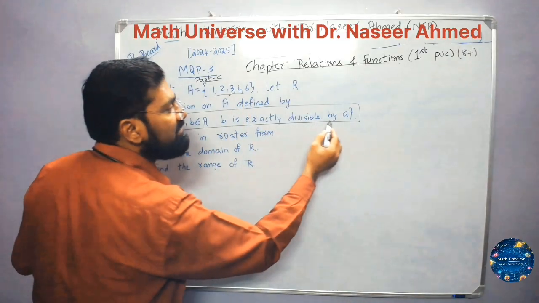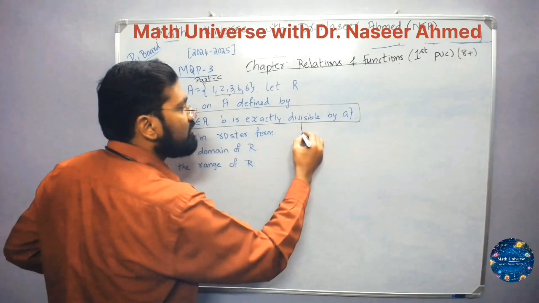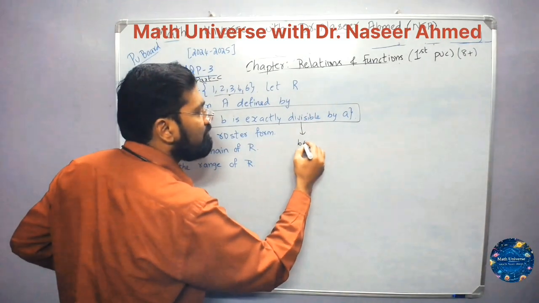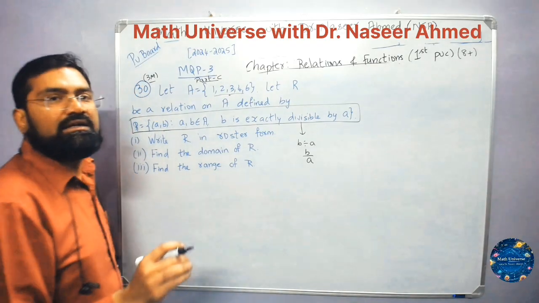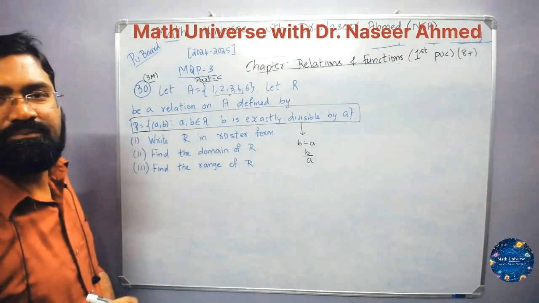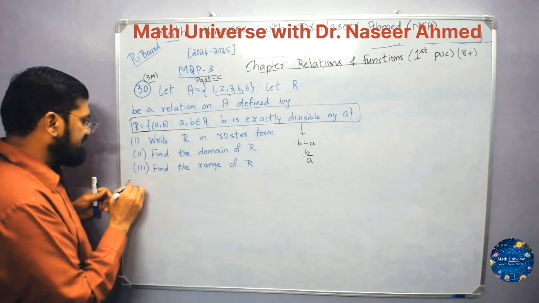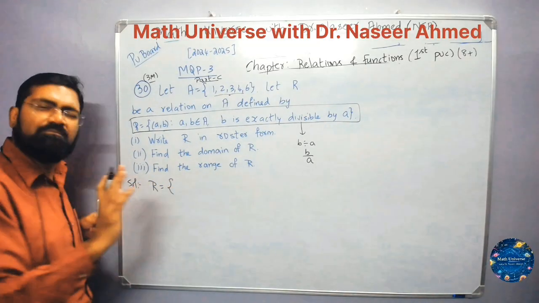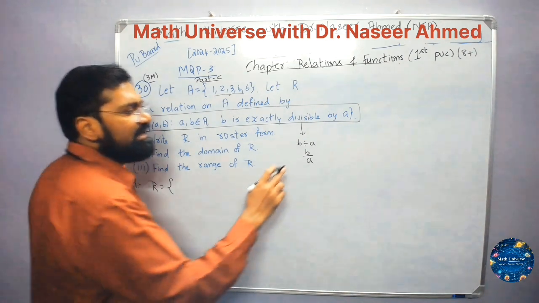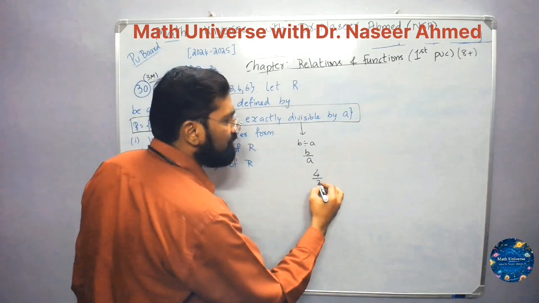B is exactly divisible by A. So I want only that if I'm going to divide B by A, B divided by A should be exactly divisible. Nothing but it should be a multiple. Then write in roster form, domain and range. See the solution. I know many students will mess with this problem. Very simple, I will say. When I'm saying divisible, for example, is 4 divisible by 2?